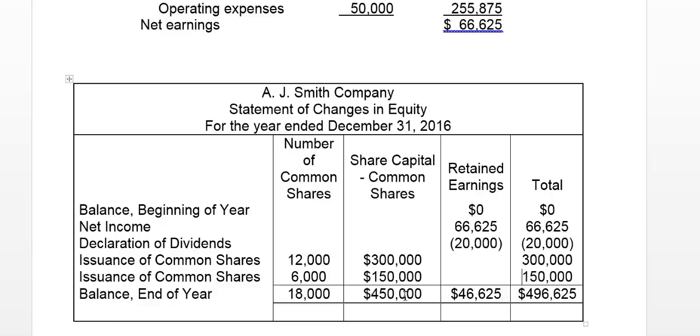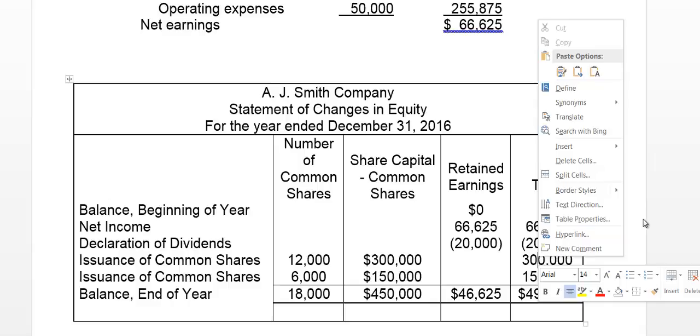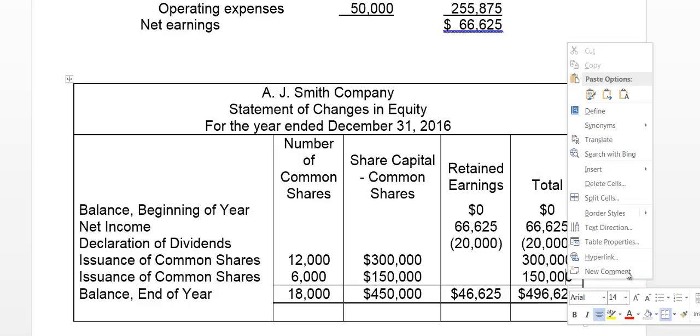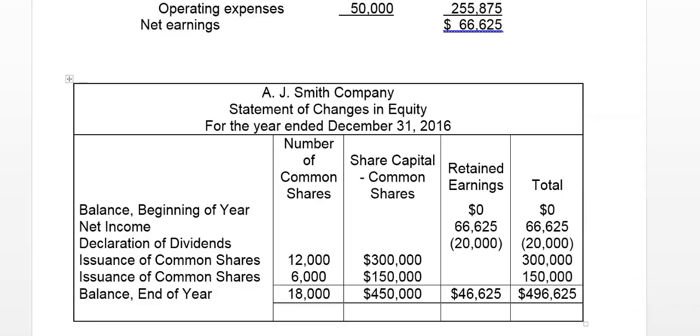So we know that our column totals should give us our total shareholders' equity balance on the balance sheet, but we also know that if we add across row by row and then add up all the row totals here that I'm highlighting, okay, so the 0, which is your opening, the 66,625, the 20,000 here, and then the 300,000 over here, as well as the 150.